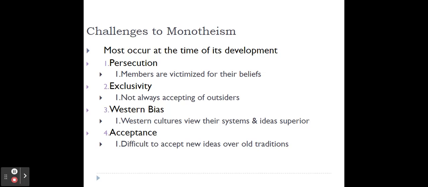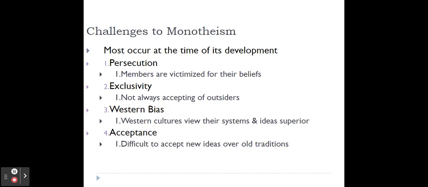That's going to lead some people to shy away, and that's ultimately going to hurt their proselytization because they gain this reputation of not being accepting of outsiders and not being accepting of others. Sometimes that is well founded. So again, this is going to be a challenge to monotheism because people are going to start rejecting it because they say you're not accepting, and in some cases, they aren't accepting of others, and that's going to hurt their proselytization.